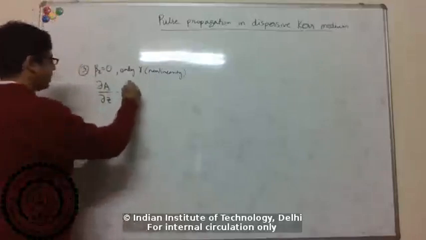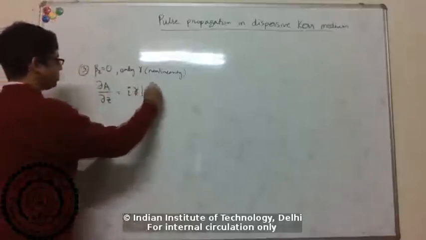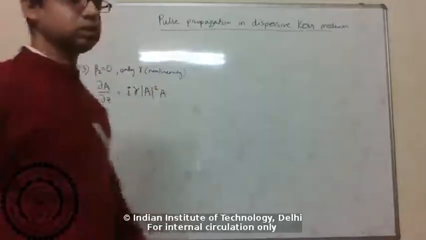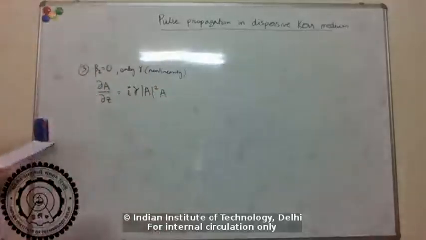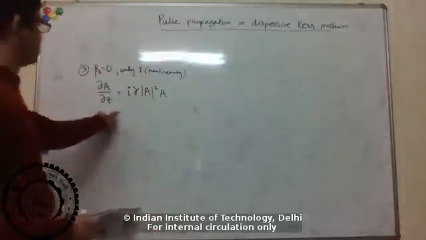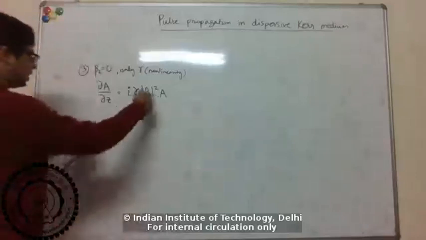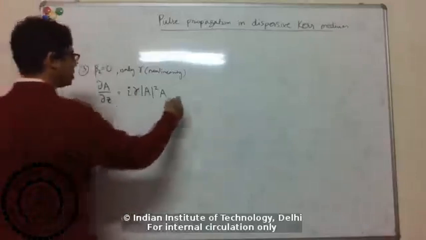Only the term which is remaining is the nonlinear term, which is the self-phase modulation here. So of course, this solution we know already, we've seen before. Self-phase modulation is just a phase which is intensity dependent.